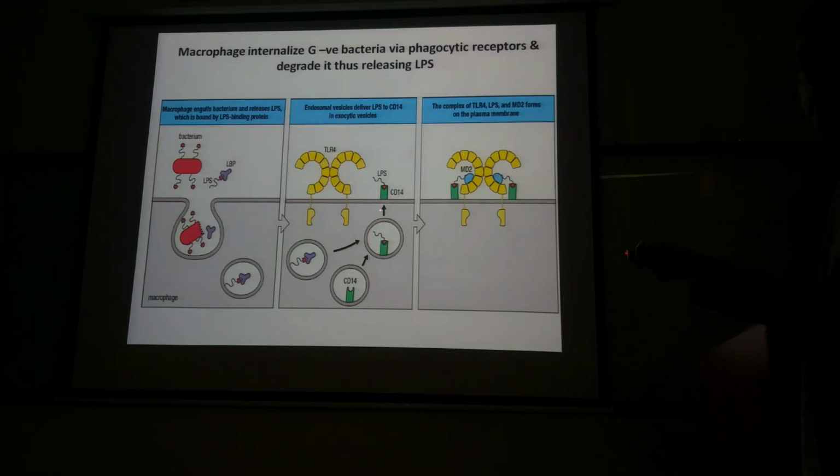Now this endosome comes here at the surface of the macrophage, or the membrane of the macrophage, and here the CD14 is just expressing this particular LPS which was bound here on its surface. What would happen next? Now MD2 protein, this is another protein which is going to recognize this complex, and there would be this formation of a complex of the TLR4, LPS, and MD2 on the surface of the macrophage.